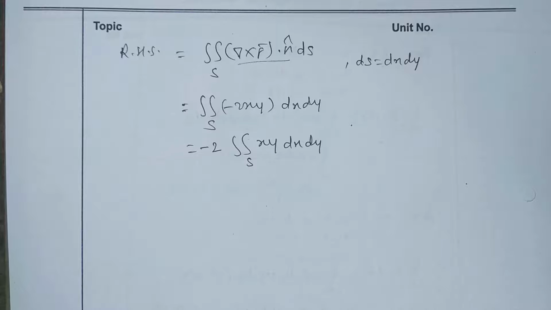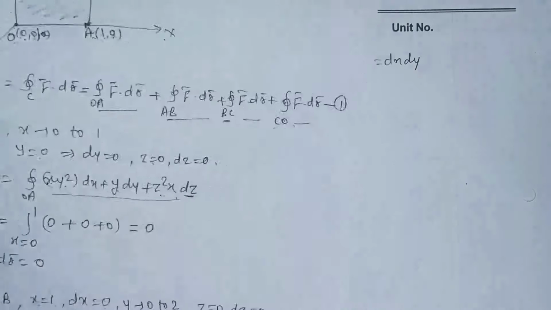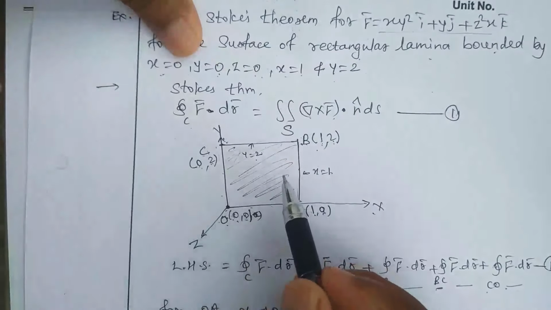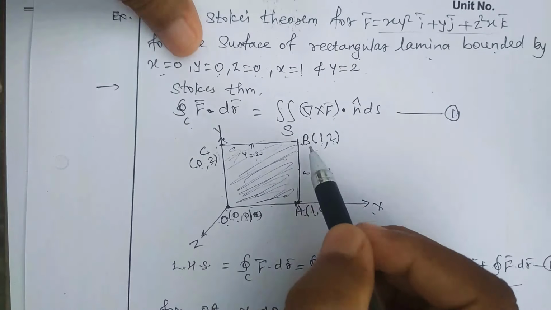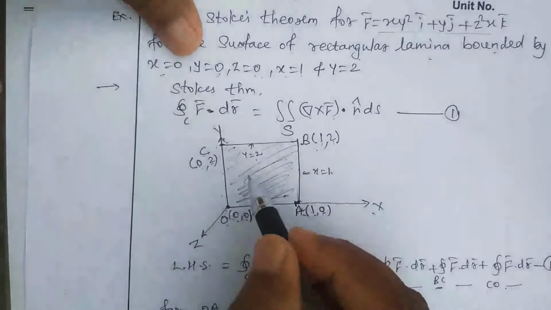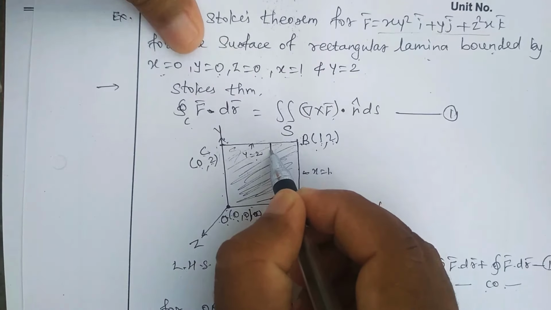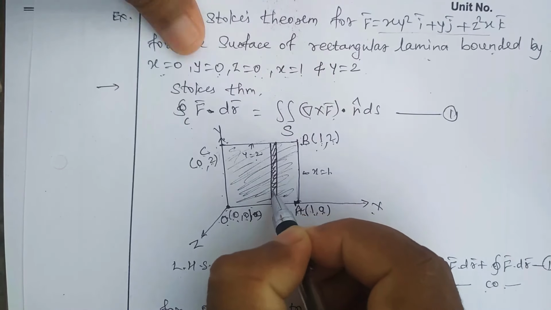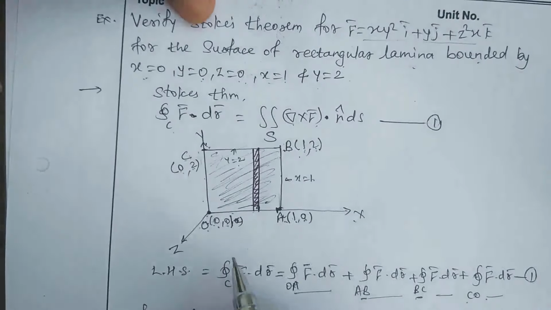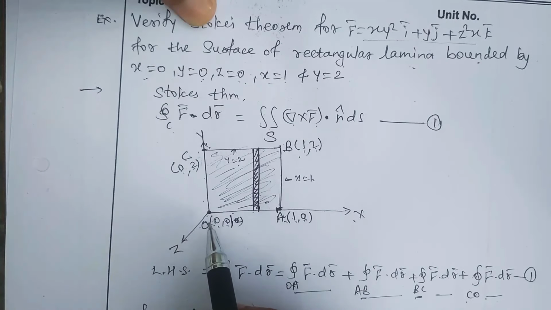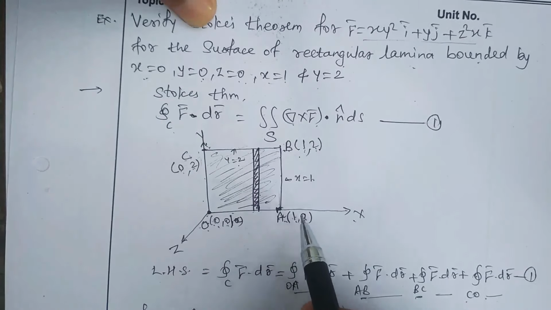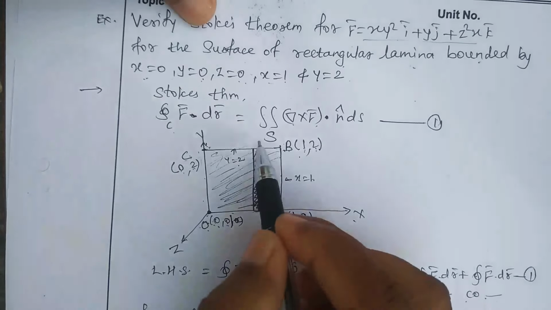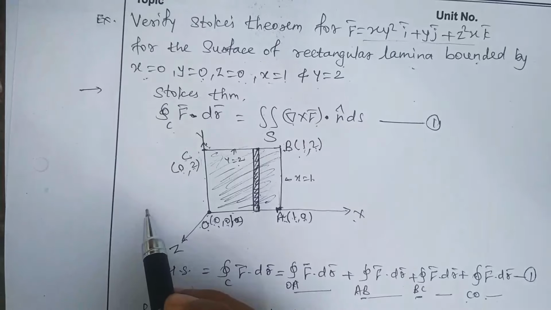Now here we require the limits of x and the limits of y. For that, consider the given region. We need to evaluate the double integral over this region, so we just consider a strip. Suppose this is a vertical strip. This strip varies from x equals 0 to x equals 1, because this line is x equals 1. The lower end is y equals 0 and the upper end is y equals 2.